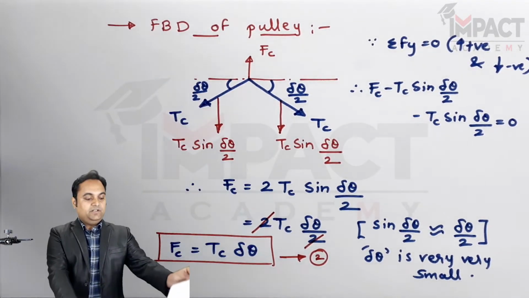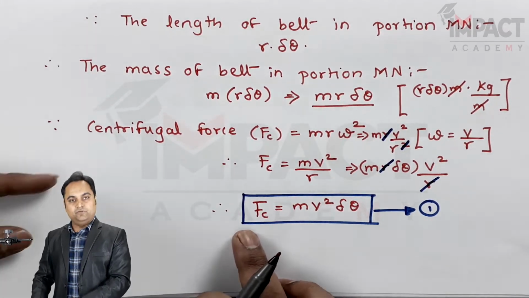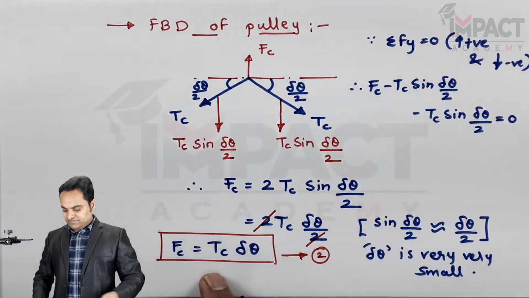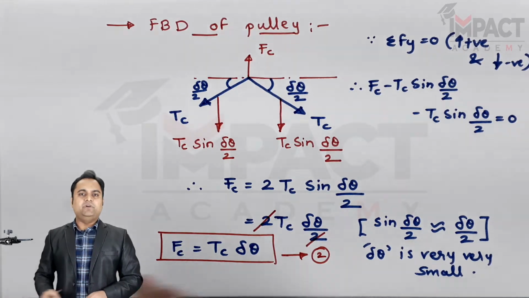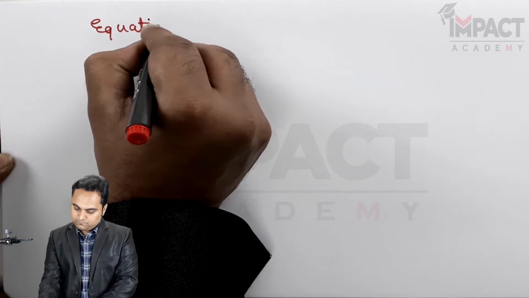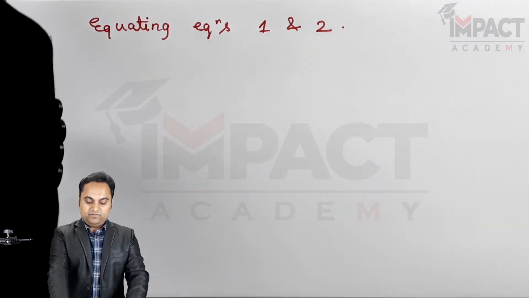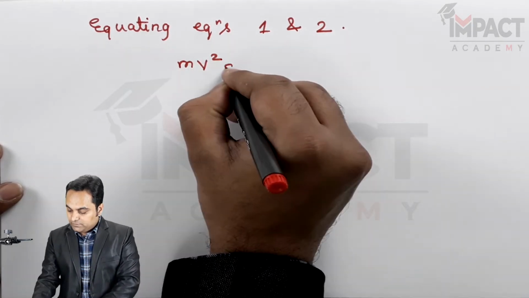So here we have seen in equation 1 we were getting mv square delta theta as the centrifugal force. In equation 2 it is Tc delta theta. Now I would be equating equations 1 and 2. In equation 1 we were having mv square delta theta.